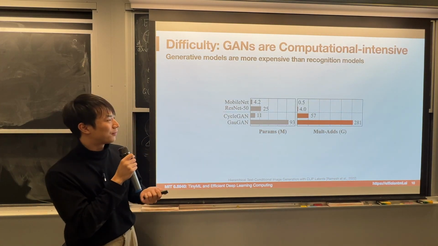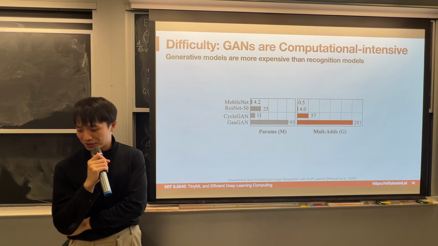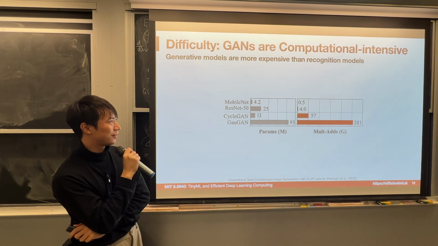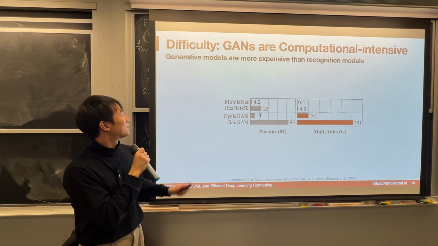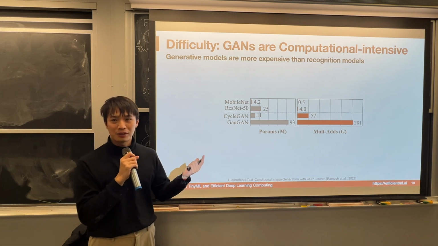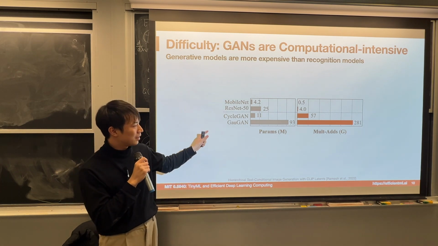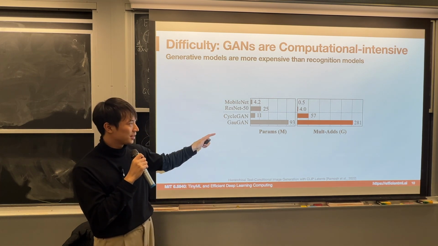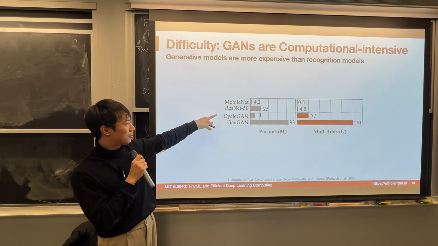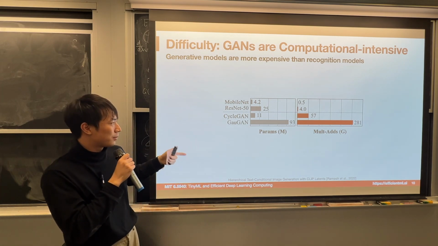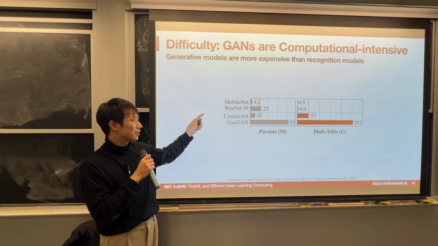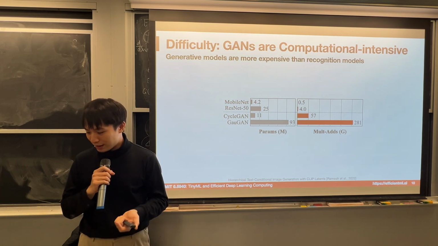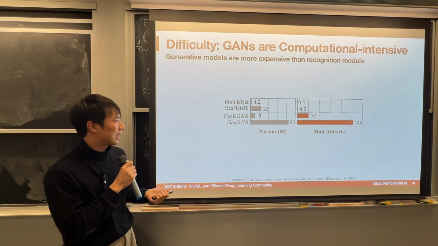So despite the powerful capability of the GAN models, the problem is that the GAN models are usually very computation intensive. Here we show the comparison of the computation and also the model size of different models. The first two models are MobileNet and ResNet, which are discriminative models. These are some ConvNets used for feature learning or image classification.